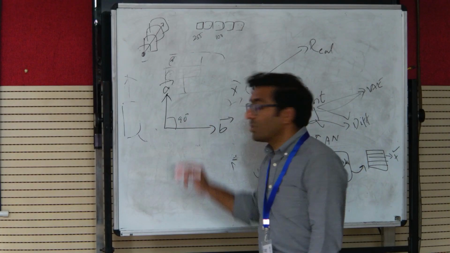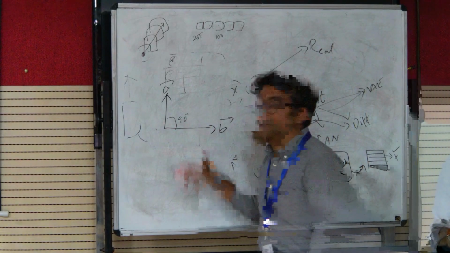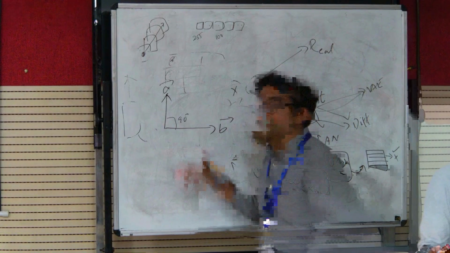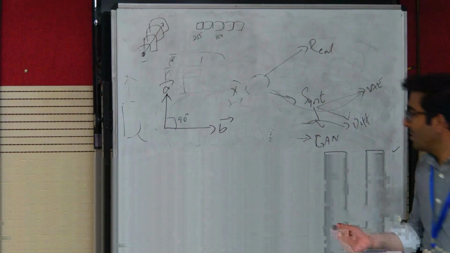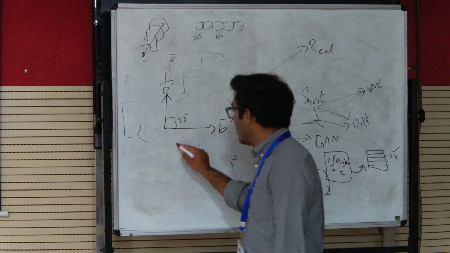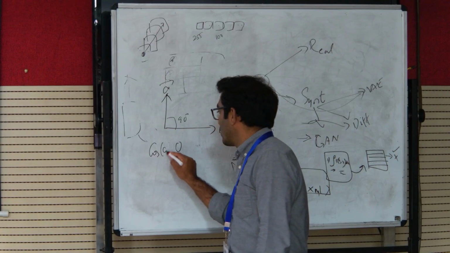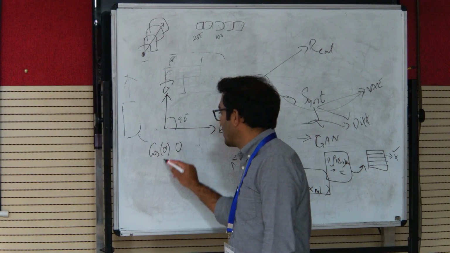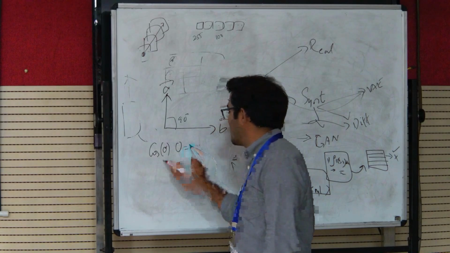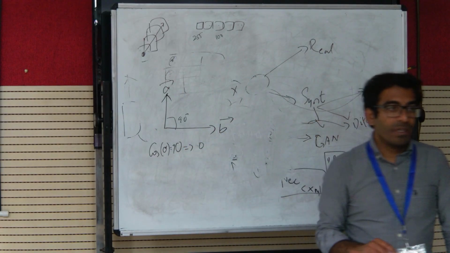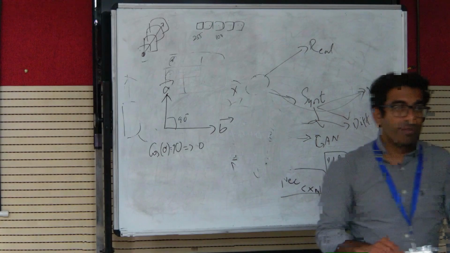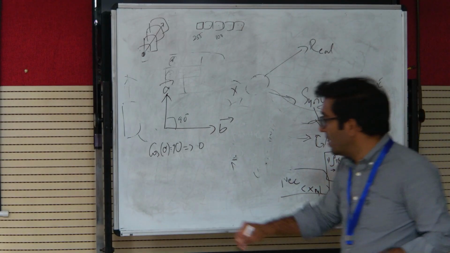Cos theta, where theta is 0. If they are completely orthogonal, that is the distance.